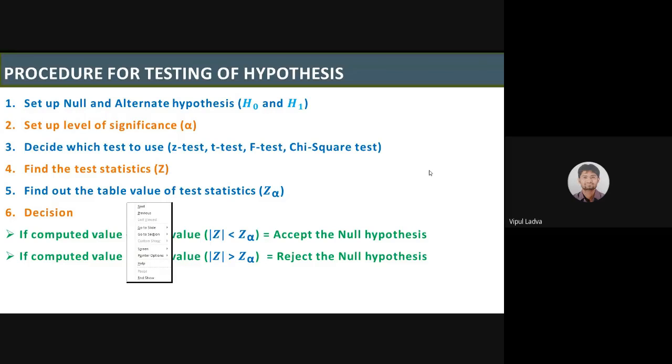So in the previous session, we were discussing the process related to hypothesis testing. Now we are clear with the fundamentals: null hypothesis, alternative hypothesis, critical region, level of significance, the acceptance region, rejection regions, and the actual process we are supposed to follow for any test.